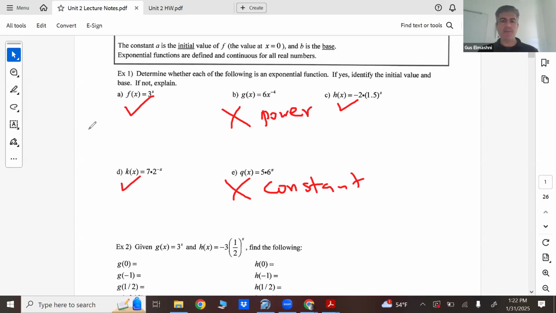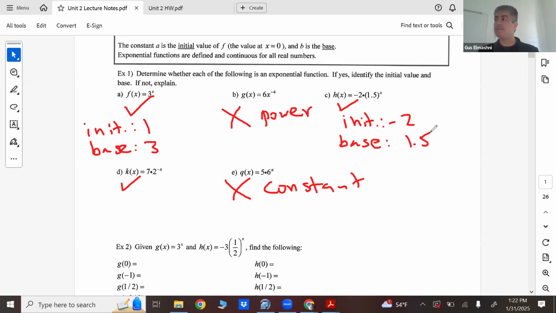Clearly, my initial value is going to be 1, and my base is going to be 3. Here, my initial value is -2. My base, 1.5. The base of the power.